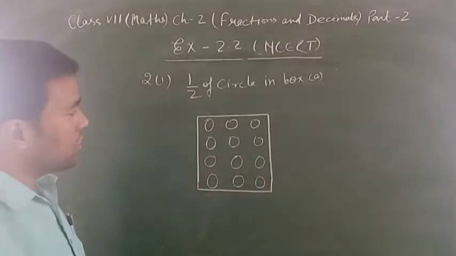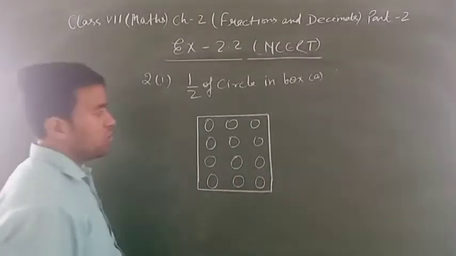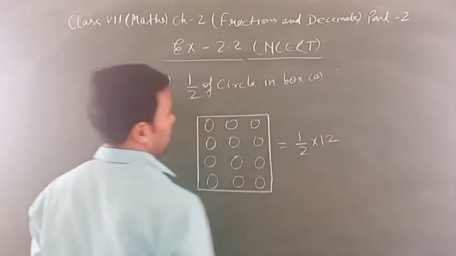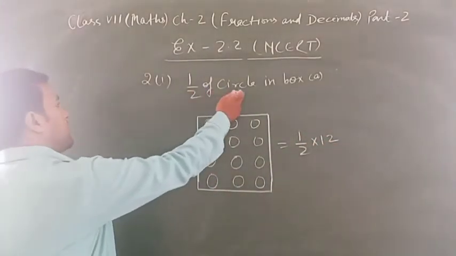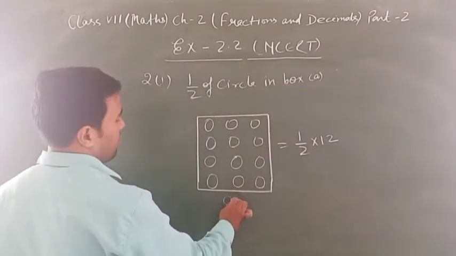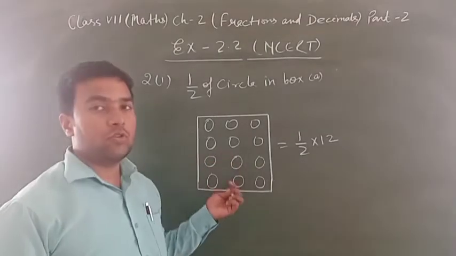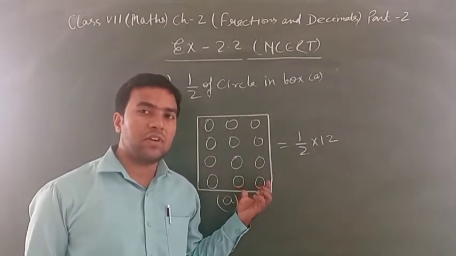Clear? The total number of circles you see, how much? 12. Means 1/2 into 12. 1/2 of the circles in box A. Means in box A there are a total of 12 circles. Clear? You will find 1/2 of 12.